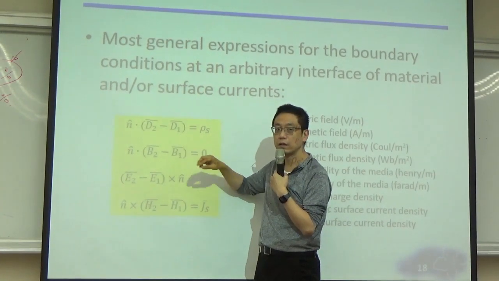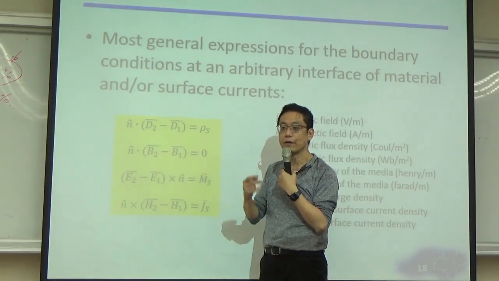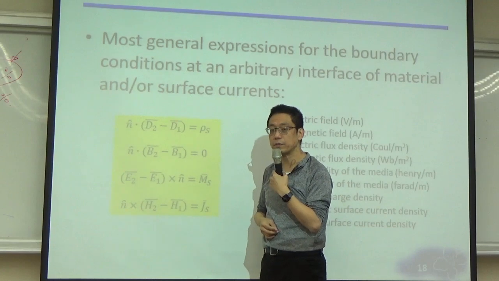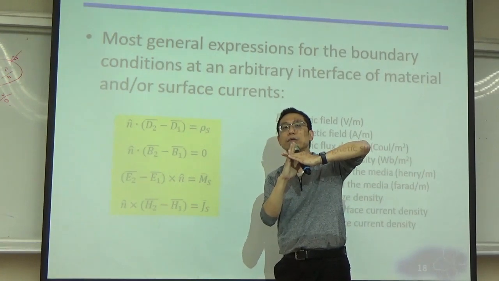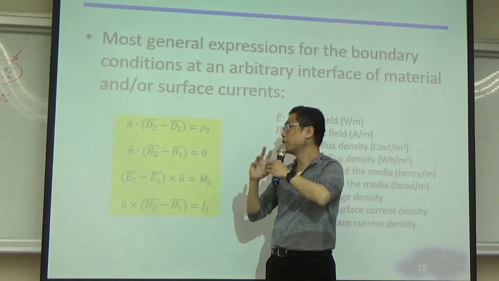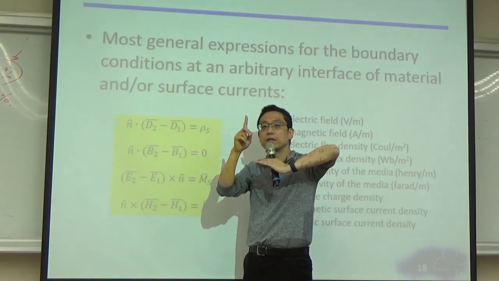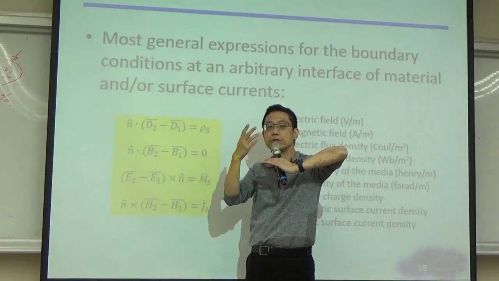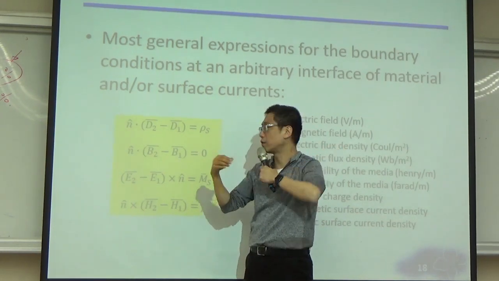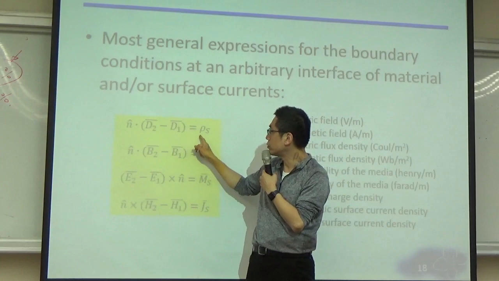But in natural language, we try to explain the physical meaning of these two, which means the normal direction of our D at the bottom and top of these two media, the difference between the D of these two directions equals rho s.